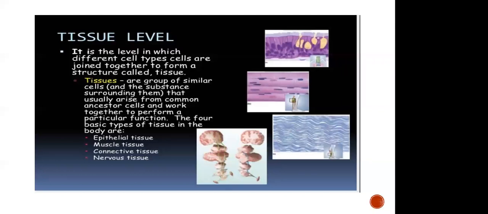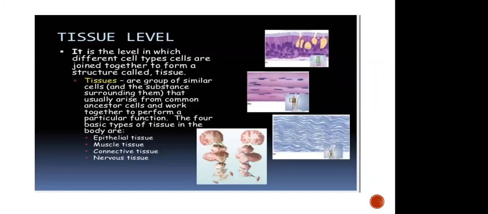Generally, animal bodies are composed of four important tissues. They are epithelial tissue, muscle tissue, connective tissue, nervous tissue. So tissue level of organization is a level in which different cells are joined together to form a structure called a tissue, isn't it?